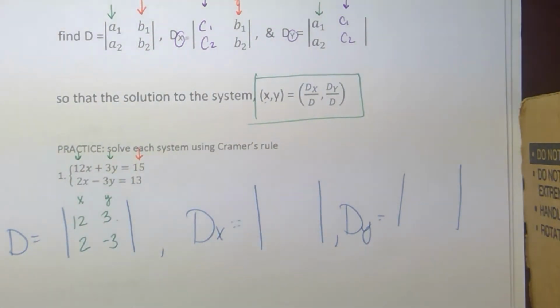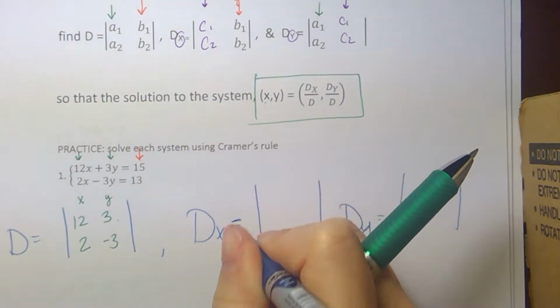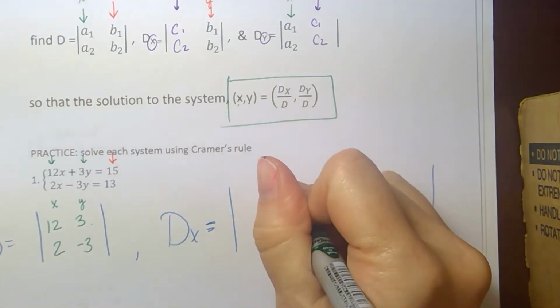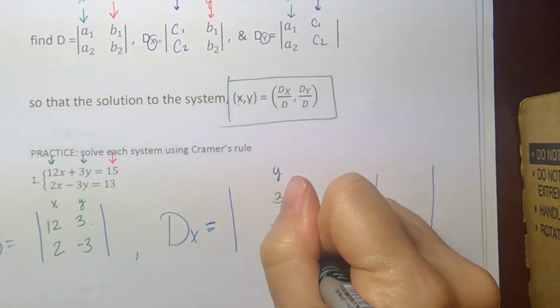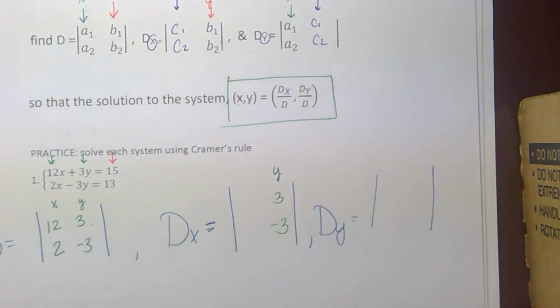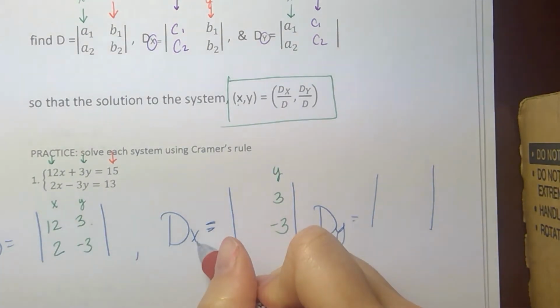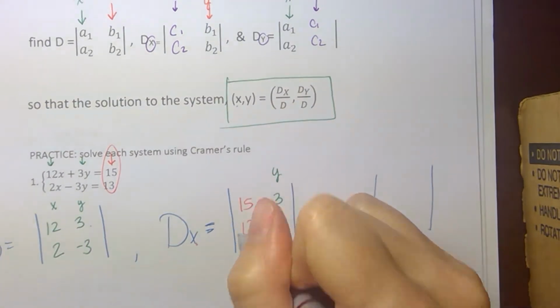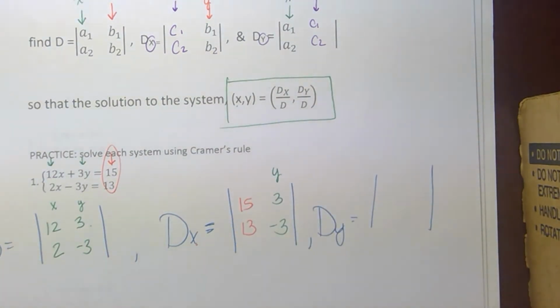To find D sub x, the second determinant, I'm going to replace the x. Well, the x is the first column, so I just go ahead and write down my y coefficients. And I replace the x coefficients with my constants, 15, 13 in this case.